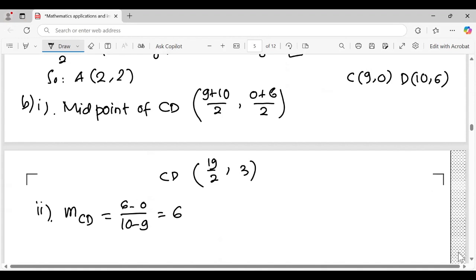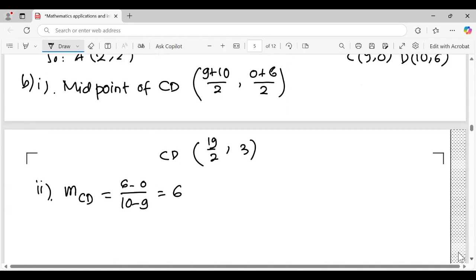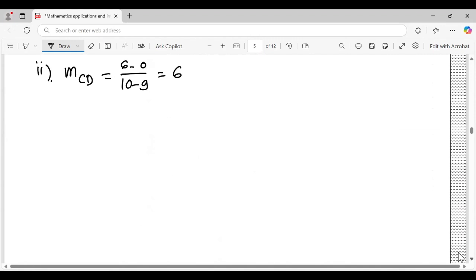After that, we need to find the perpendicular gradient. I would like to write m perpendicular, multiplied by m CD. If perpendicular, it means the multiplication equals minus 1. So m perpendicular multiplied by 6 equals minus 1, and m perpendicular equals minus 1 over 6.